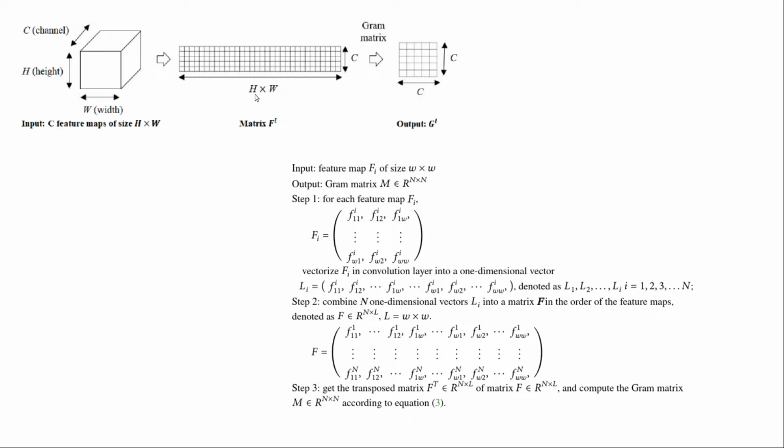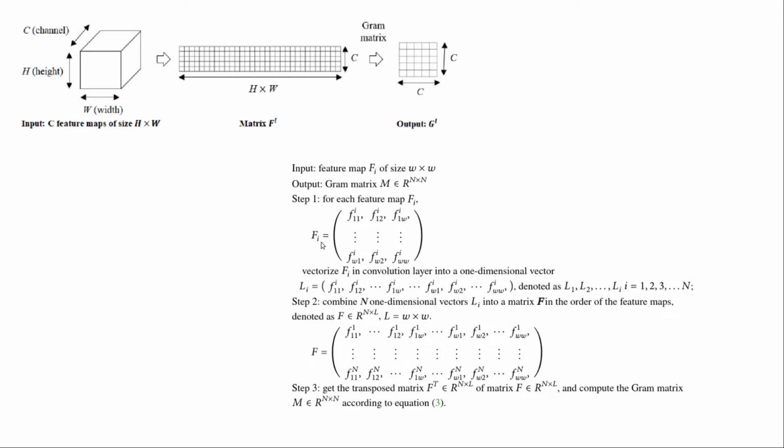One dimension becomes h into w, height into width, and another dimension remains c, the number of channels in the original input space. When I calculate the Gram matrix on this, the resultant Gram matrix will be a c by c matrix. So these are the overall simple steps in a nutshell.